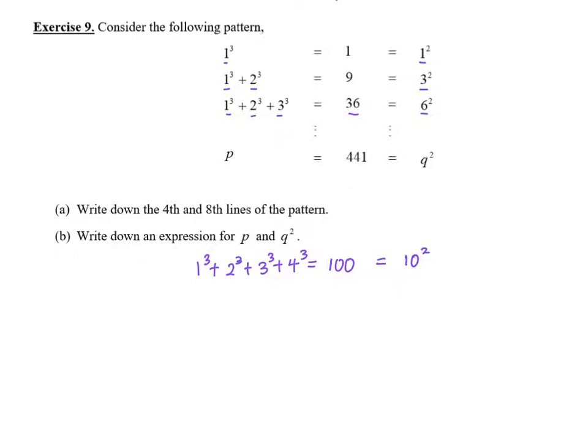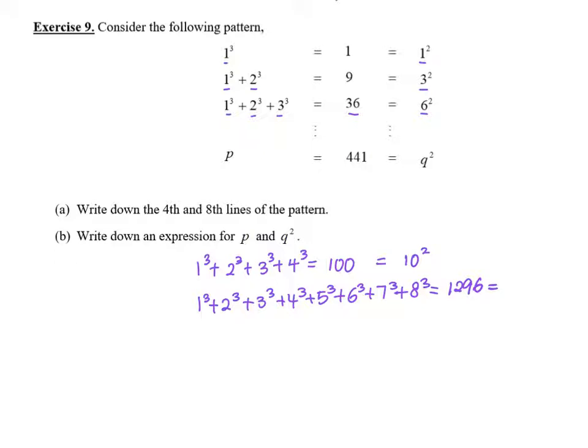Okay, so let's try. If that's the case, line number 8, I will have 1 cube, 2 cube, 3 cube, 4 cube, 5, 6, 7, 8 cube, and that will give me the number 1296.